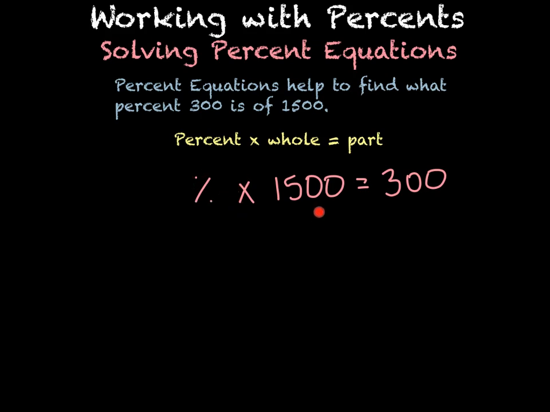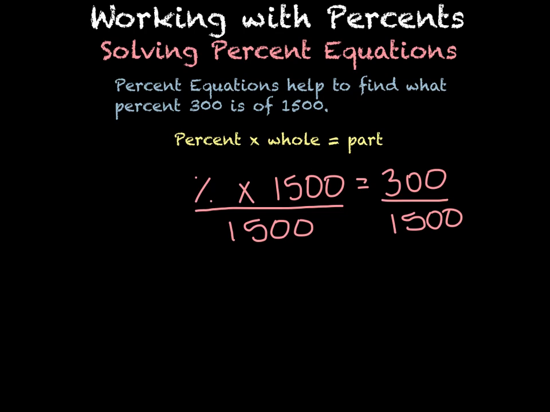If we're multiplying by 1,500, we want to divide by 1,500 to get it all by itself. So I divide both sides by 1,500. Remember that bar means division.